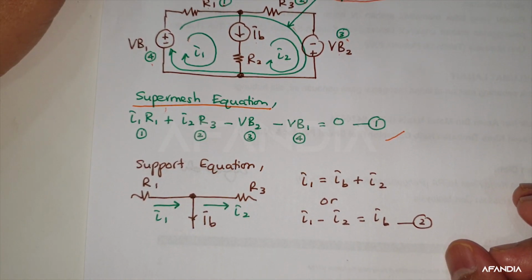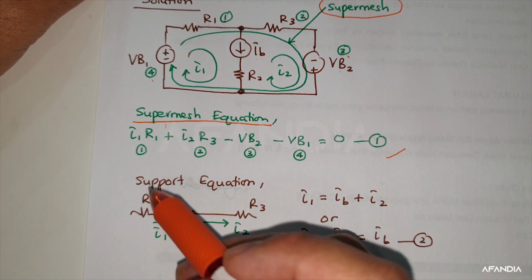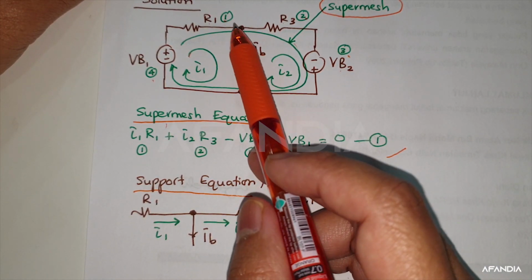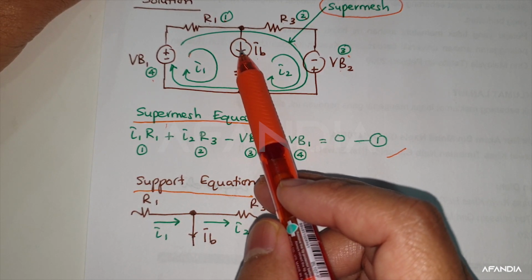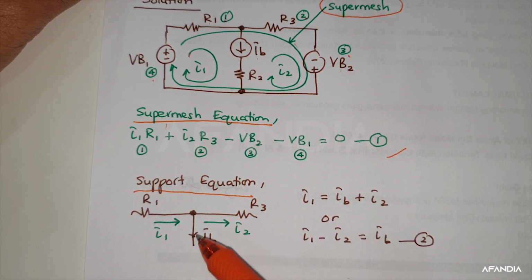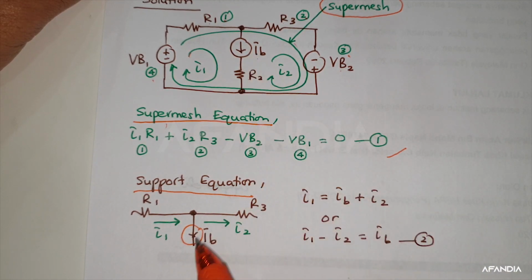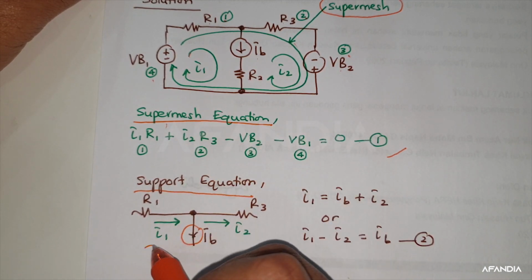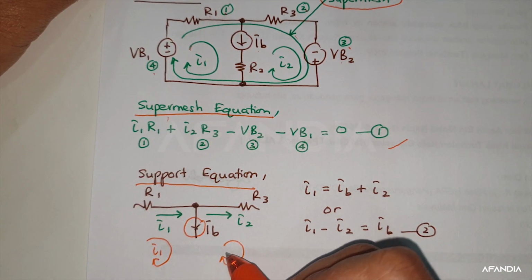Now, what is our support equation? You must remember, the support equation actually happens in between this junction where your current source is being shared between these two. That's why, as I'm having here, this is actually your IB. The same thing like this. But here you must remember, this is your I1 originally, and this is your I2.